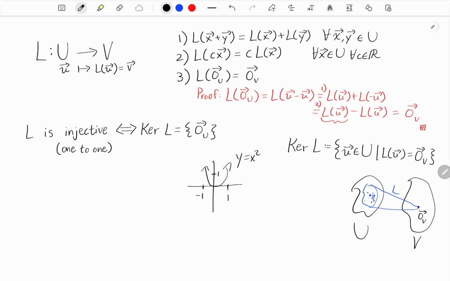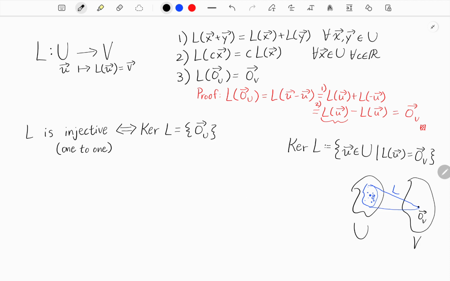So the y value is 1. So this is not injective or 1 to 1. You can say that it fails the horizontal line test. But if this is like y is equal to x plus 2, then this is going to be injective. You give me any two different inputs, they're always going to have different outputs.